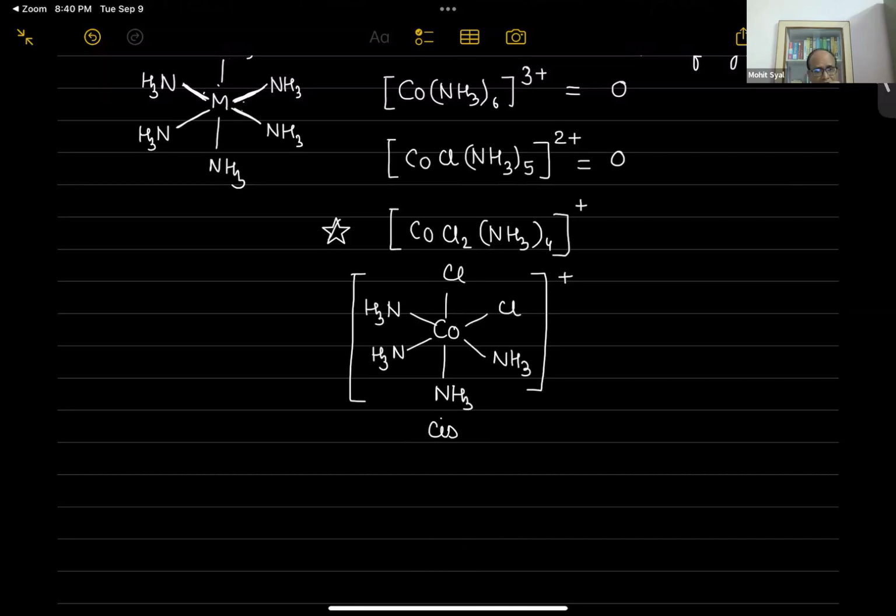But if you get it in the form of questions, don't get confused, because it is a bit confusing: one ligand is up and another is in the plane. You may not be able to recognize quickly that it is cis.